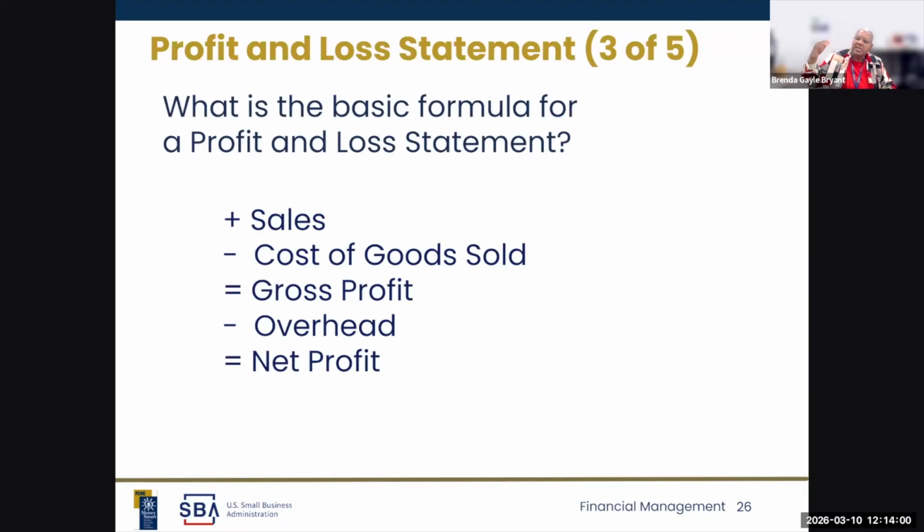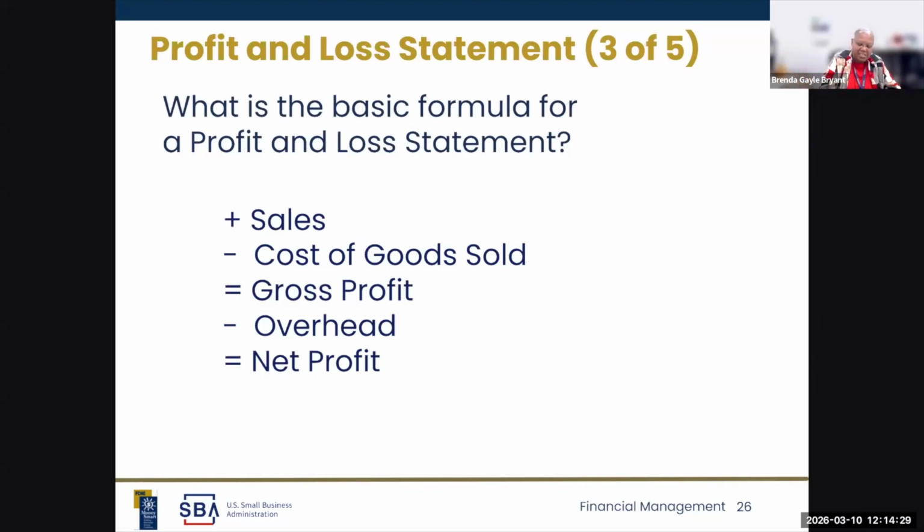So this breaks it down into, this is when you're selling goods, and not all of us sell goods. Some of us sell services. So it says, okay, we have sales coming in and you have the cost of putting together that thing that you're selling. So that's called cost of goods. So you minus that out. That gives you what is called a gross profit, which basically says, this is how much it costs me to get that sale out.